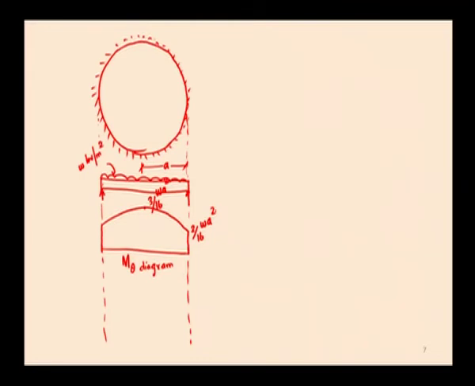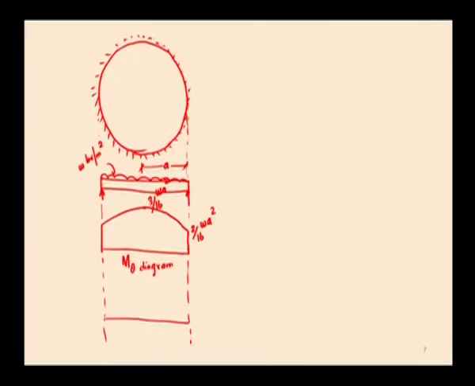To resist this circumferential moment at the edge, we need to provide reinforcement at the edges over a distance of the development length of the reinforcement in the circumferential direction, that is around the edge of the slab.